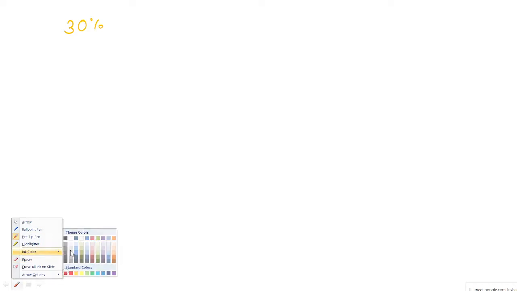Now you see here, you have been given 30%. The percentage is 30%, and the solution is made from benzene and carbon tetrachloride. Meaning in benzene, 30% carbon tetrachloride has been added, 30% CCl4.